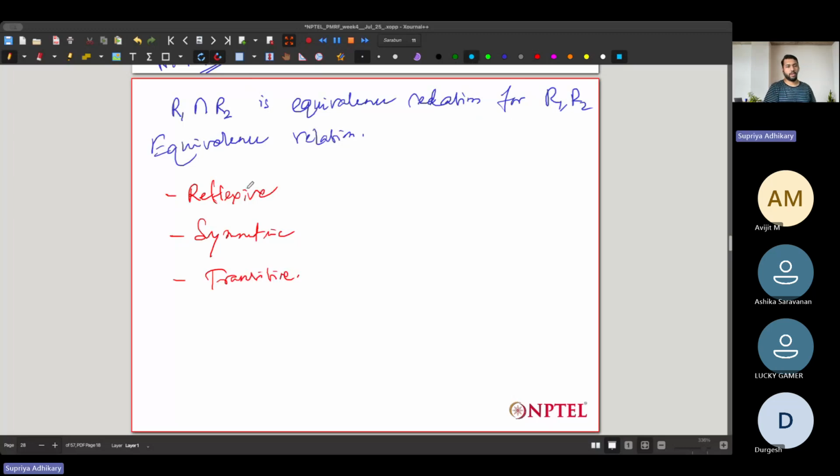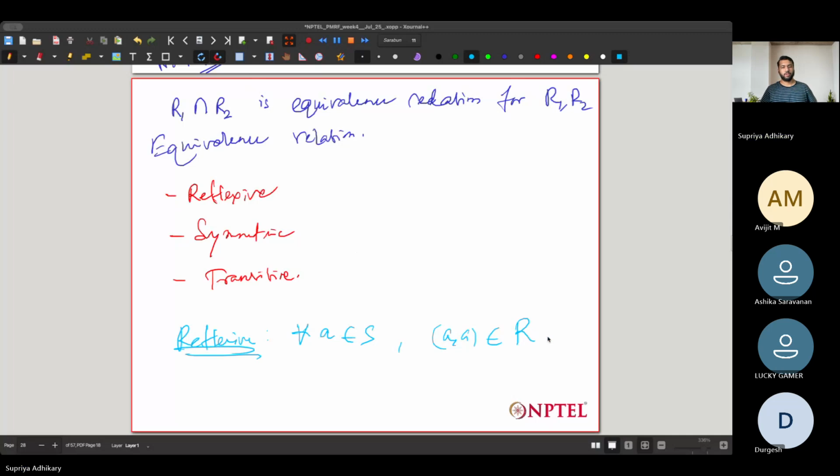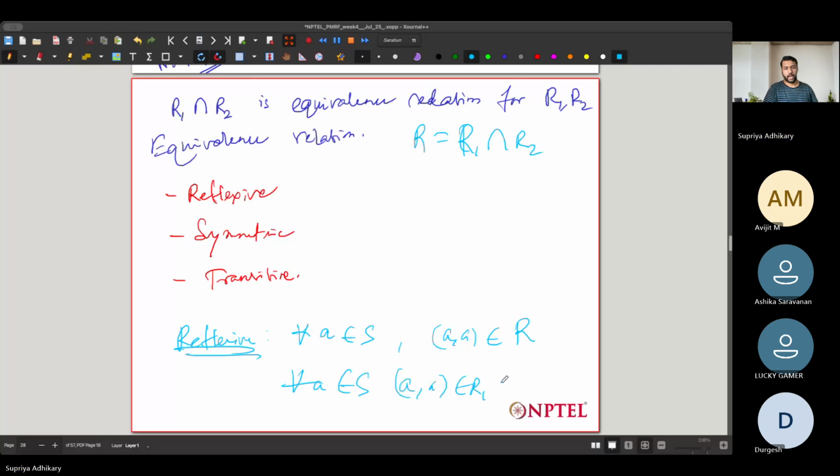First, we will go for the reflexive property. In order to prove the reflexive property, what we have to show is that for each A in the set S, AA belongs to the relation R. Here R is the intersection of R1 and R2. Now, we know that for all A in S, AA belongs to R1 and AA belongs to R2.